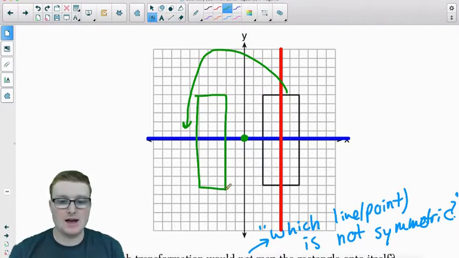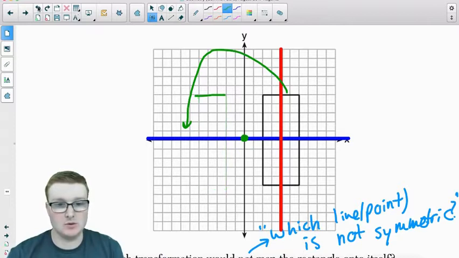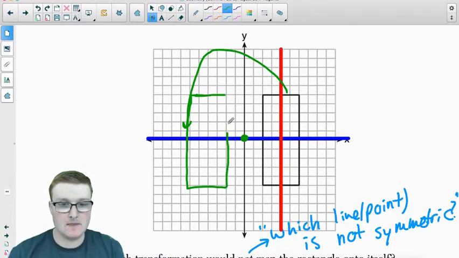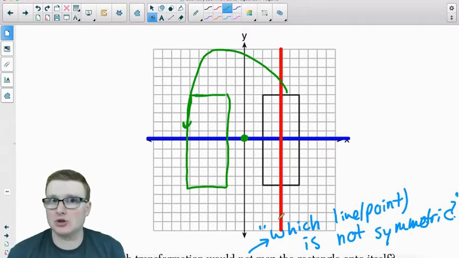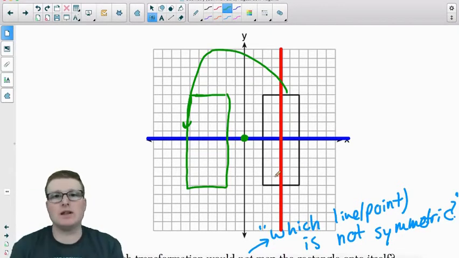Now, I know this is going to bother many of you. I asked the question, is that symmetric? And if you said yes, you're thinking of congruency. You're not thinking of symmetric. Symmetric means that you are literally cutting something in half or you're spinning it around to overlap itself.